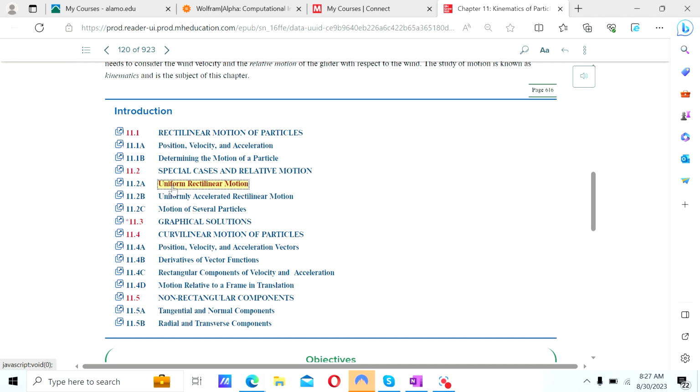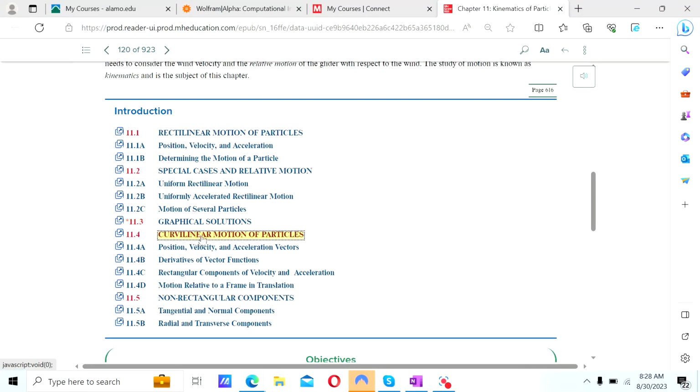Then a very simple case, which is uniform rectilinear motion, the simplest case you'll ever see. And then accelerated rectilinear motion, the function that I just showed. Then motion of several particles, how to interact between several particles that create a system. Then some concepts of how to graphically come up with solutions. By determining the area under the curve of the acceleration, you get the velocity. It's very simple stuff.